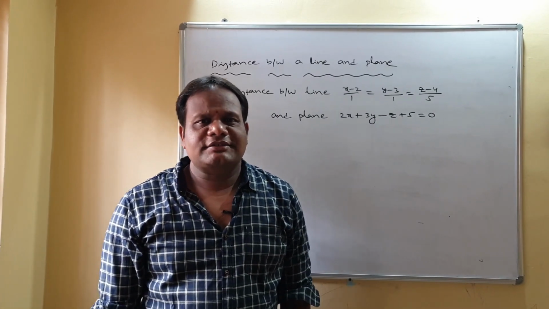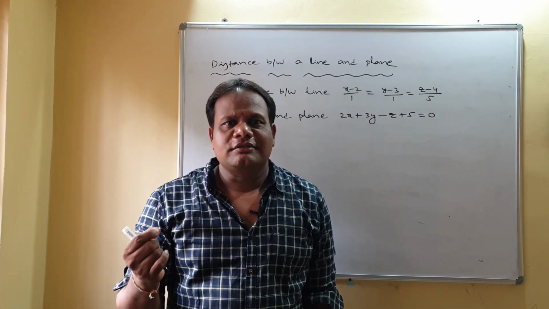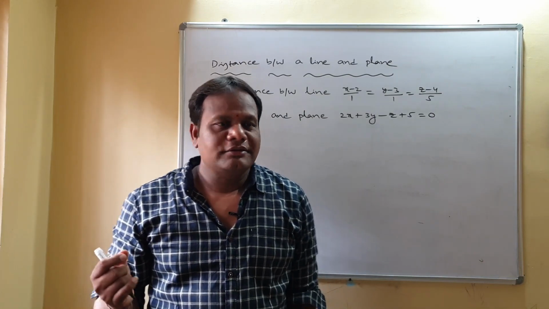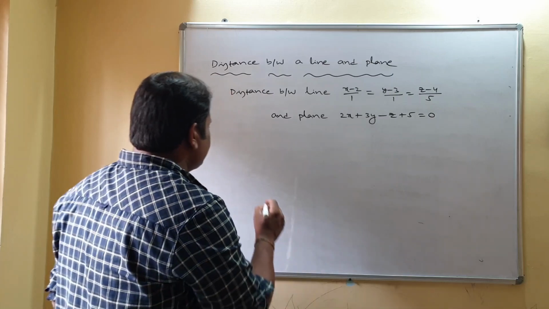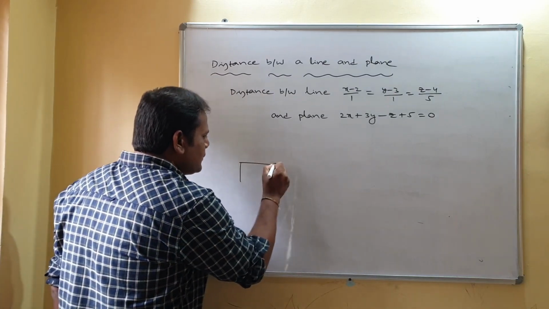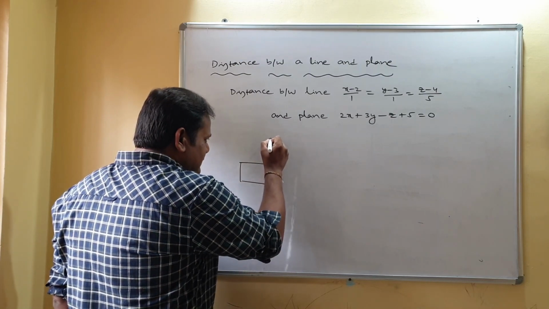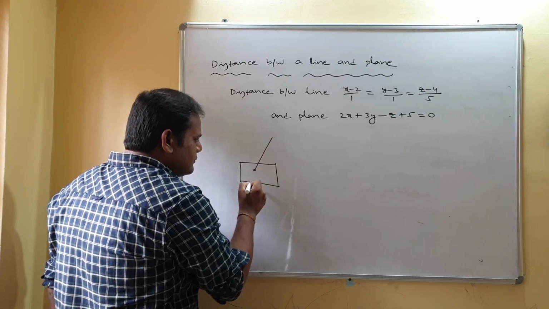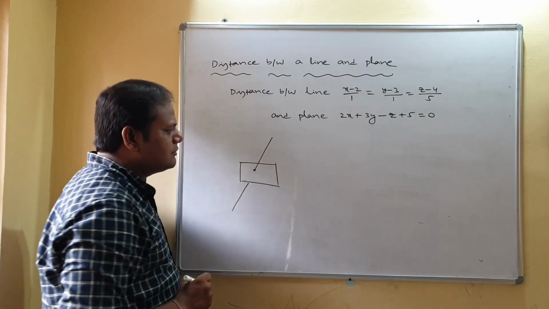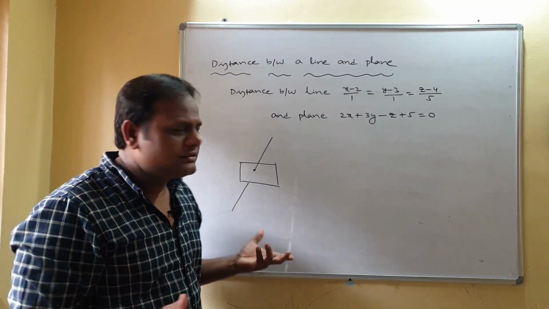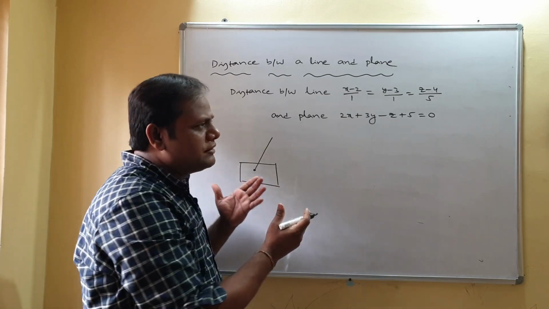Now we discuss how to find distance between a line and plane. See here, in 3D geometry, suppose a line intersects the plane. If a line intersects the plane, there is no distance between line and plane, that becomes 0.